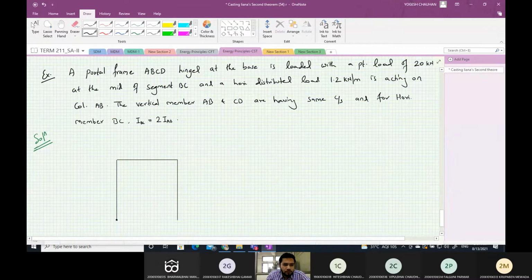The total frame is hinged at the bases, so this is hinged here, and it is also hinged here.